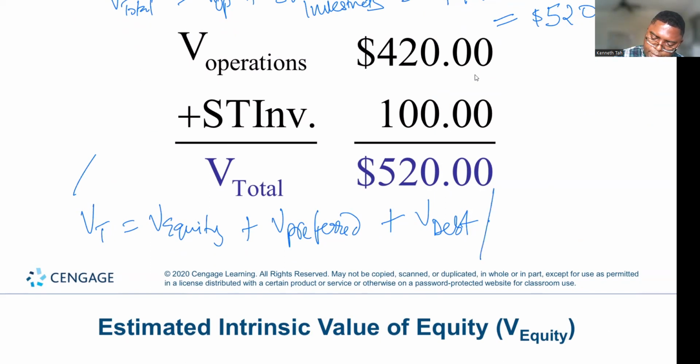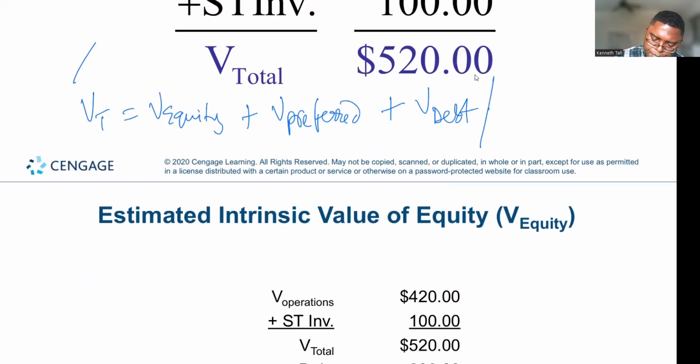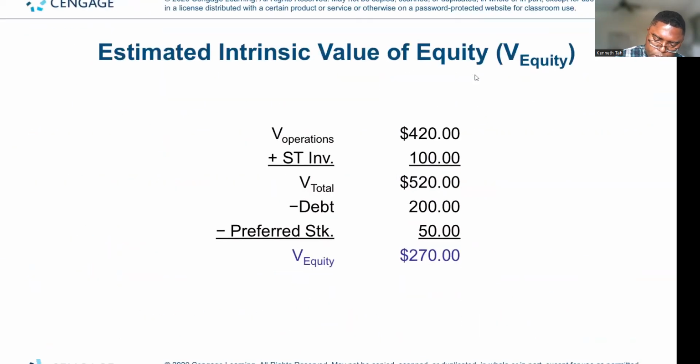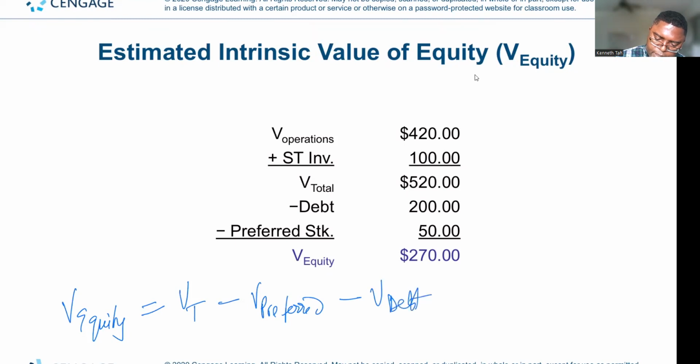So the value of equity, accordingly, is going to be the total value minus the value of preferred stock minus the value of debt.